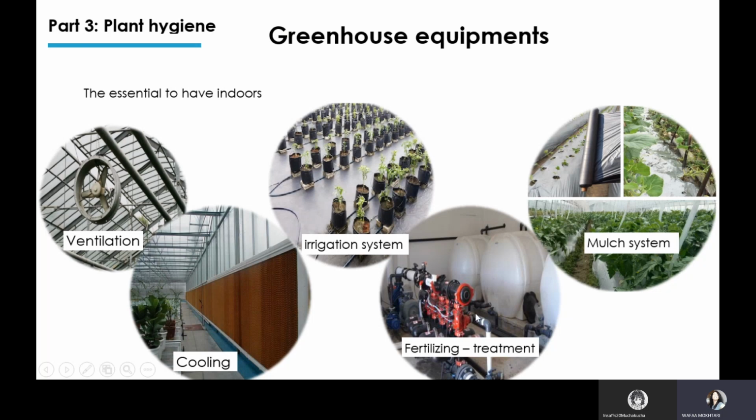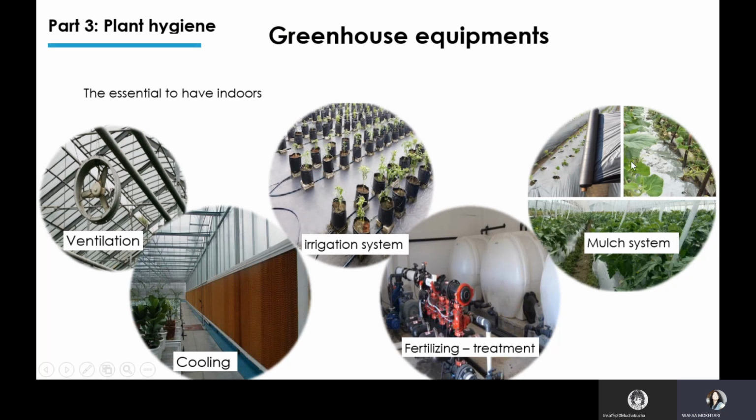Fertilizing treatment is really important. Fertigation is when there is watering and also nutrients given to the plant, and those systems are sophisticated yet possible. You may get more information about this on the internet, wherever you want, but this is just to let you know that those are the equipment of a greenhouse.